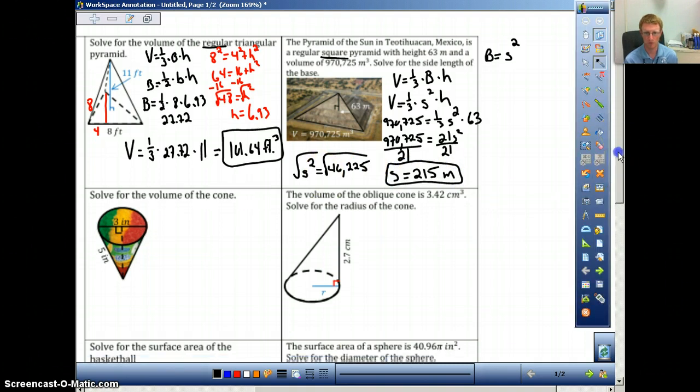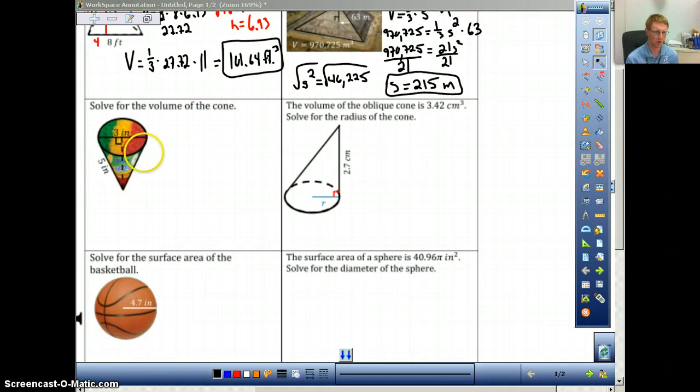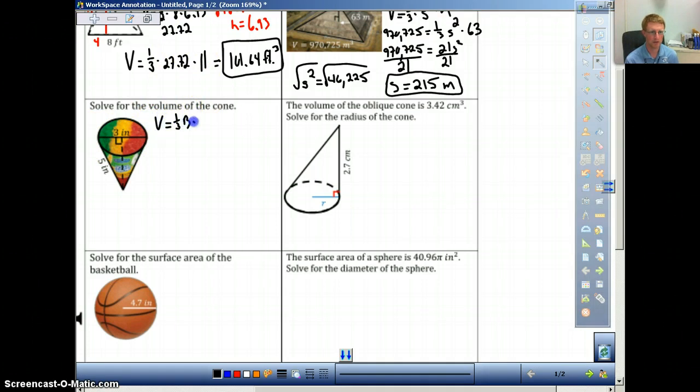Okay, let's get to the cone, volume of the cone. This one should be fairly, not too bad here. So here we have an issue. So again, let's write out our formula. 1/3 big B H. Our big B in this case, because it's a cone, the base is a circle. That will be pi r squared. So let's write out what we know.